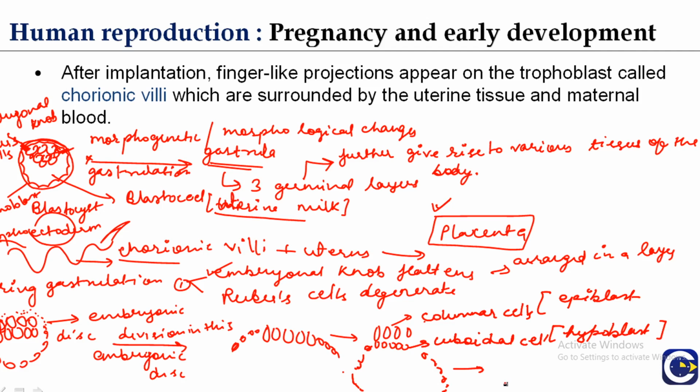There is a process known as the delamination of epiblast, and the first ectoderm layer is formed. Now the structure you may find is like this. These are the upper columnar cells and there is the formation of the first germinal layer which is the endoderm.